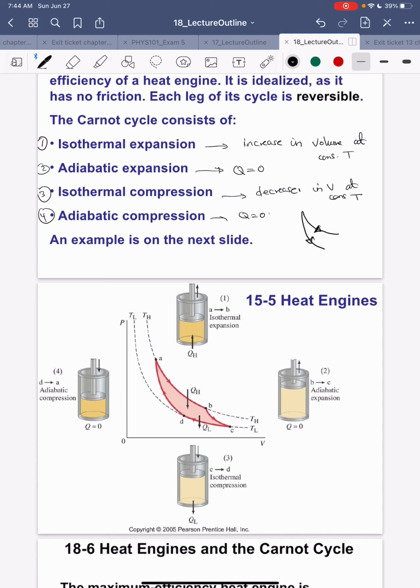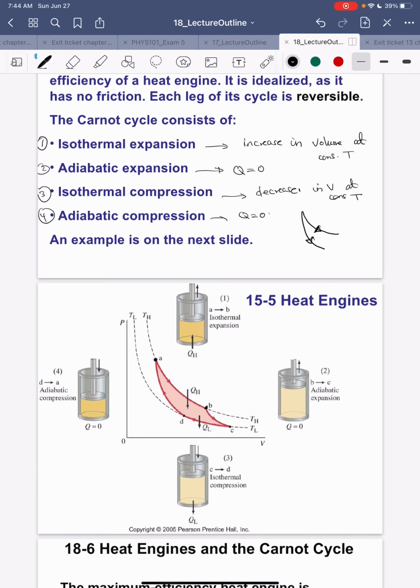Okay, number 1, isothermal expansion. An amount of heat is going to enter, which makes the system expand, and it is represented by the isotherm from A to B, and then from B to C is adiabatic expansion.